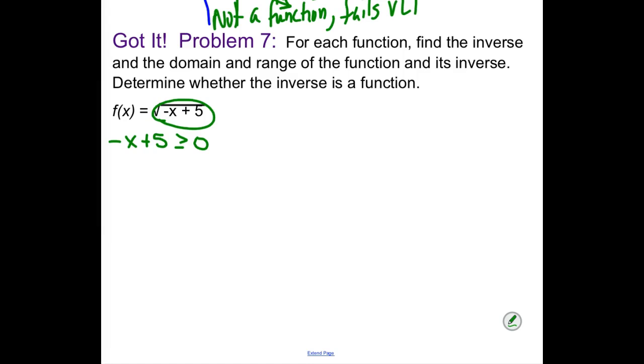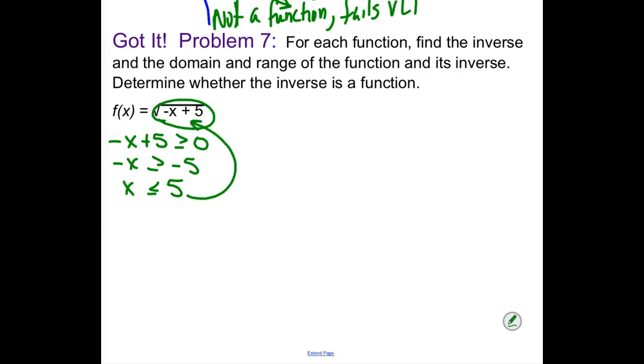If I subtract the 5 over, I get this. How do I get rid of the negative in front of the x? I divide out a negative 1. What happens to my inequality when I divide by a negative? It flips. So I am saying that my domain has to be 5 or lower for this to work. Okay?